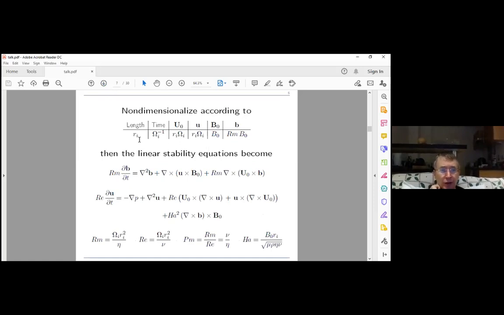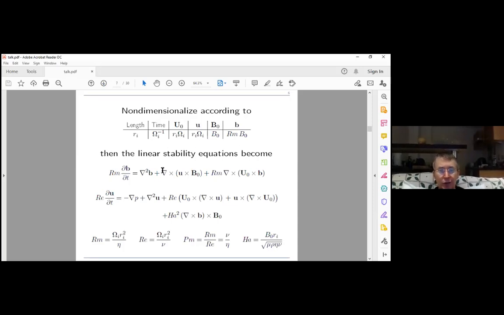For a length scale, it's pretty natural: take, let's say, the radius of the inner cylinder, and time, the rotation rate of the inner cylinder, and those are natural things then for the fluid flow. For B0, since that's externally imposed, that's a natural scale for that. For the perturbation B, that turns out to be a useful scale there.